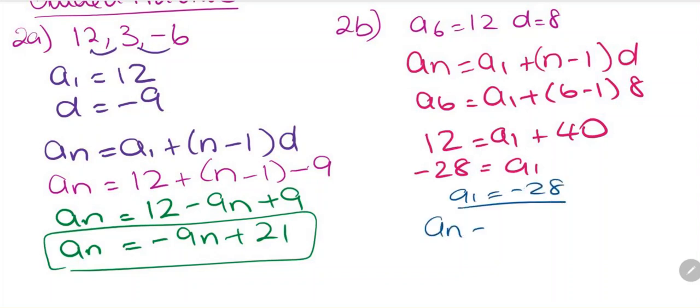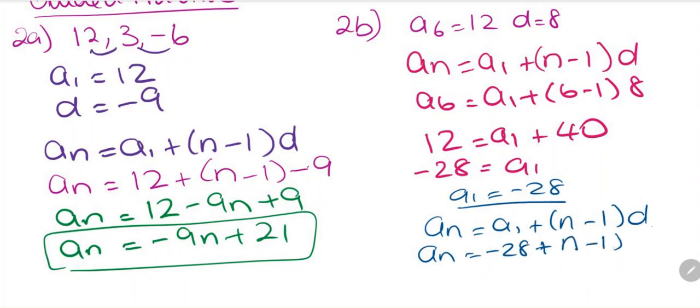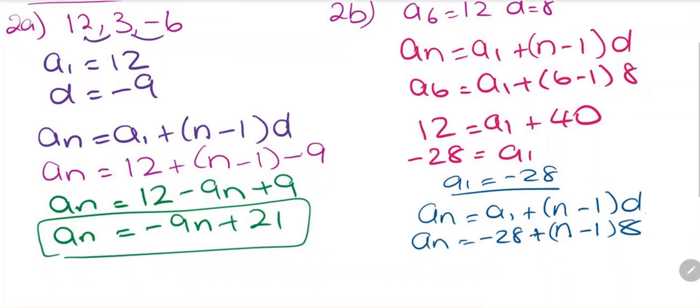I am going to put this back into my formula to find the nth term formula. So a_n, this is going to be minus 28 plus, and we're going to leave this as n minus 1, and this is times the common difference of 8.